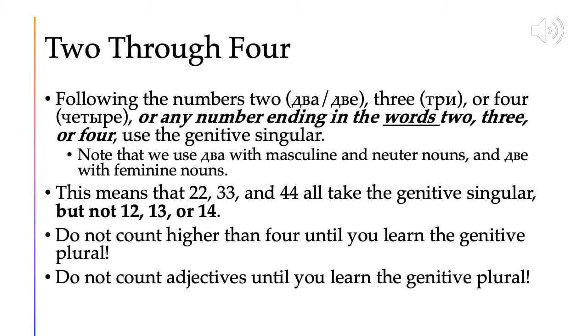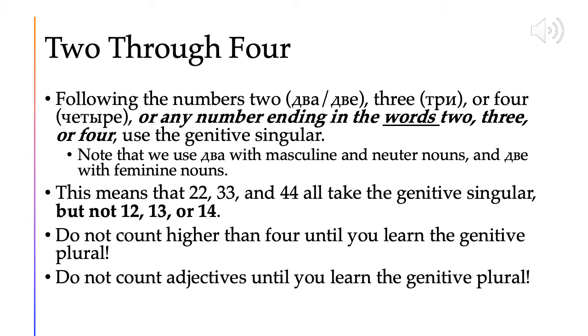But not, this is very important, 12, 13, or 14, because we do not say 2, 3, or 4 when we say 12, 13, or 14. In fact, we say 10. So if we have 2, 3, or 4 of something, or any amount ending in the words 2, 3, or 4, we take the genitive singular.